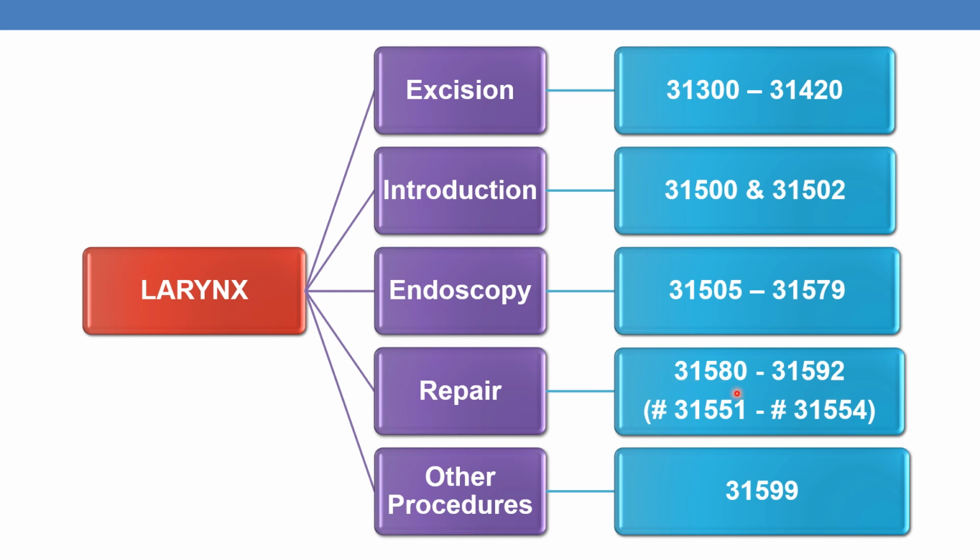Under repair only we will find some out of numerical sequence codes. They are 31551 and 31554. They are included under the repair only. Though the repair CPT starts from 31580, these CPTs are included here, 31551 to 31554. And finally, other procedures, there is only one CPT, that is 31599.